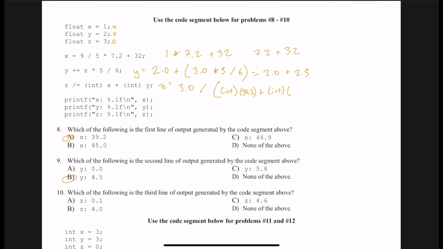And y cast to int. Forgot to put my previous answers up there. So z equals 3.0 divided by 39, because we're losing any information at the decimal point, plus 4, equals 3.0 divided by 43.